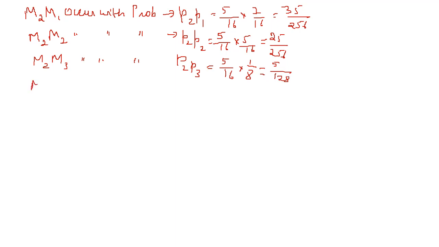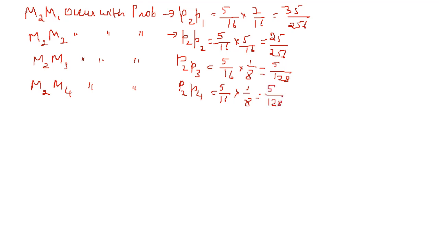Next message is M2 M4, with probability P2 P4, where P2 is 5/16 and P4 is 1/8, so we get 5/128.